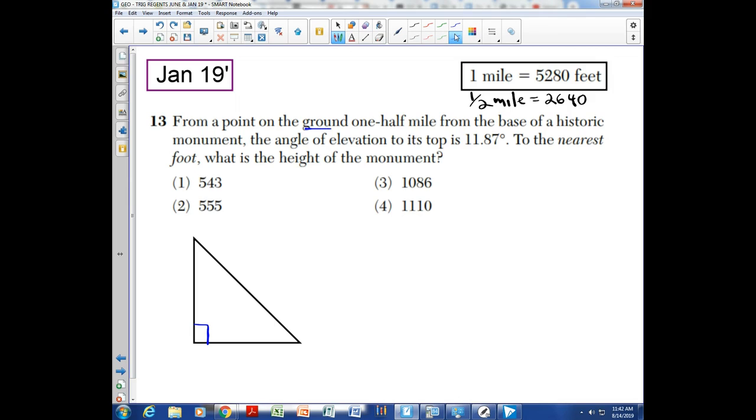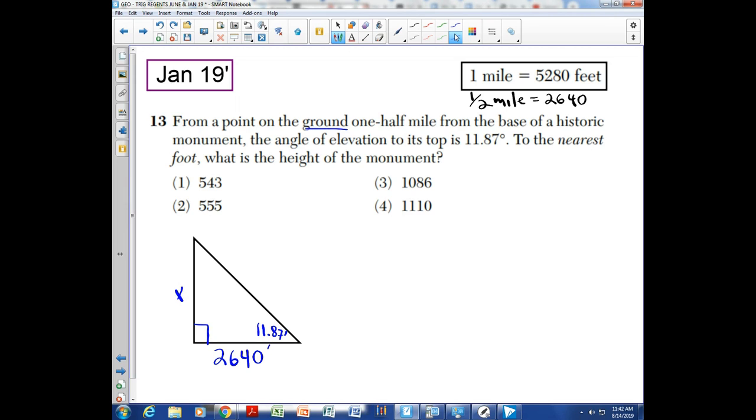The ground helps me know that 2640 is going to be down there on the ground. That the angle of elevation is going to be 11.87 degrees. It doesn't matter if my picture isn't really to scale. It's just really to help me to work this out. To the nearest foot, find the height. Heights are always the vertical side, so I'll put my X right here.